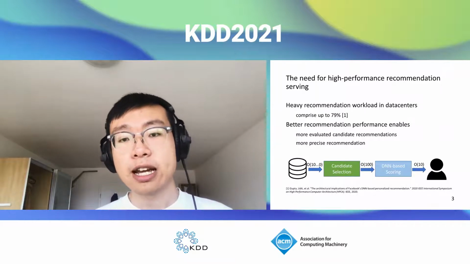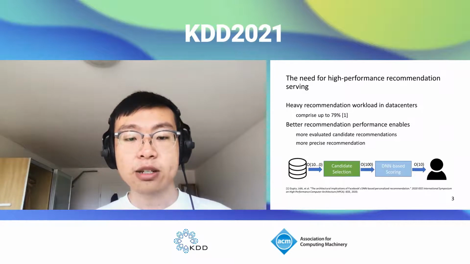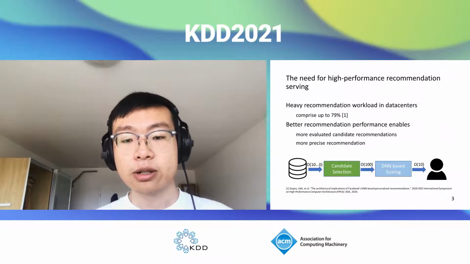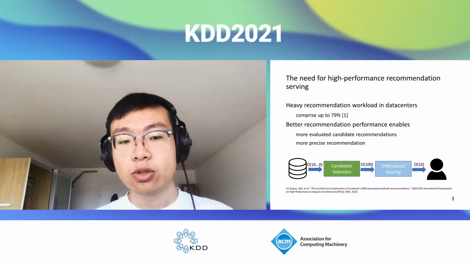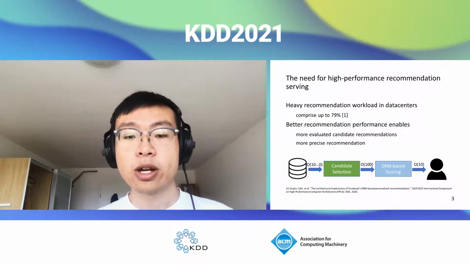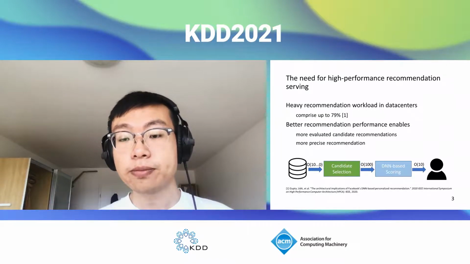Let's say we can make the system 10x faster, then we can select more candidates. Previously we used just 100, but now we can use 1,000. And we still do the DNN scoring and recommend potentially more precise items to the users, which will potentially boost the revenue of the companies.